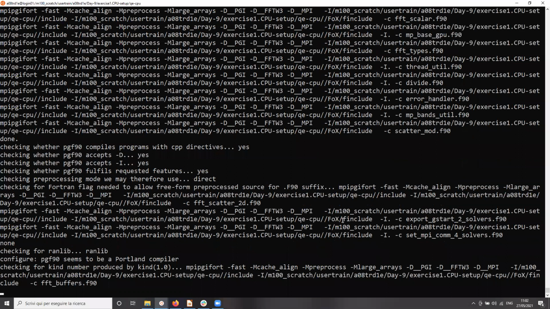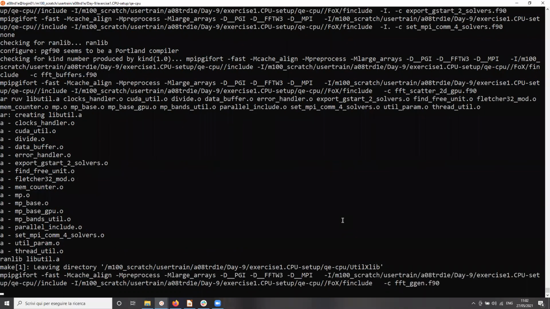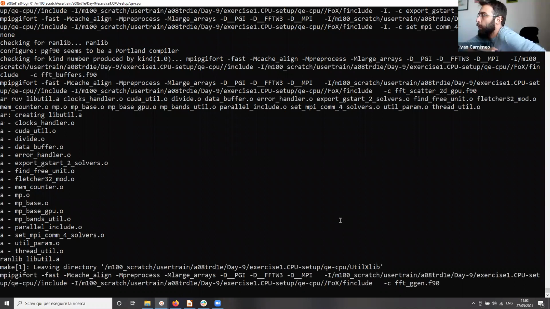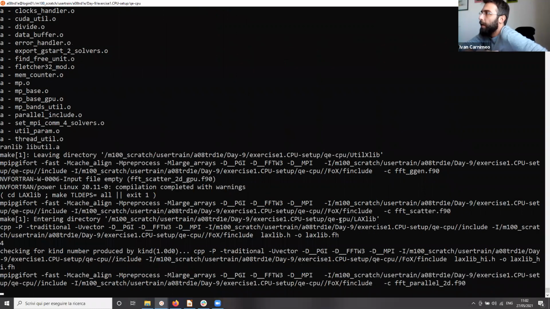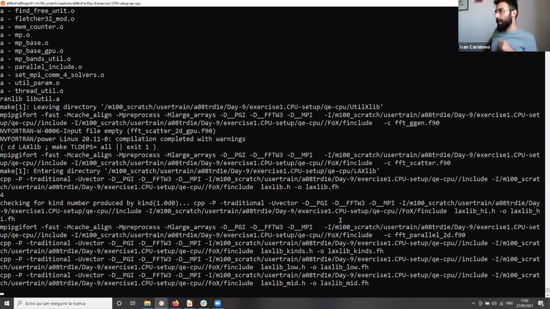Somebody tell. Okay, so now we have a few minutes waiting for the compilation, so you can use them to do the exercise. In case, you can also skip the last step, that make -j4 pw.